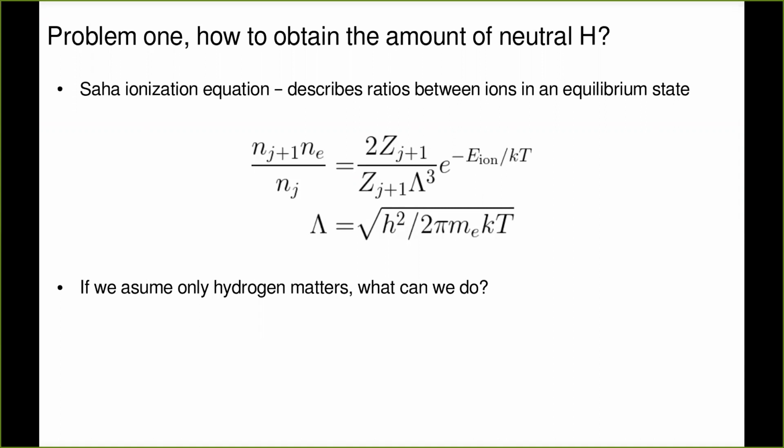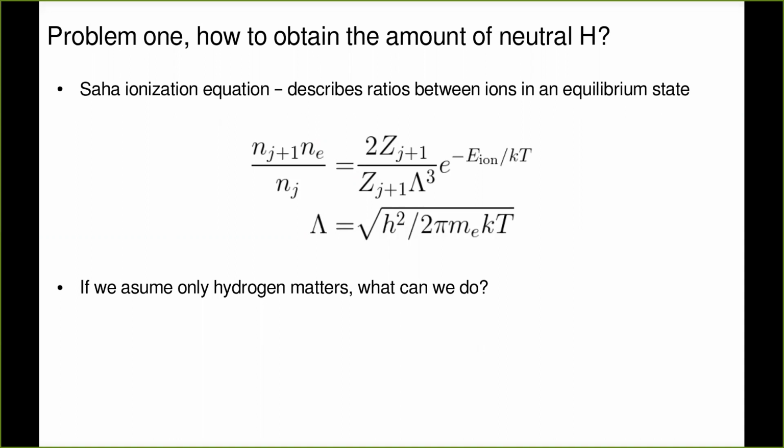So this is the number density of the atoms in ionization stage J plus 1, which I get when I ionize stage J. This is the number density of the particles in the ionization stage J. This is the number density of electrons. And it makes sense that the number density of electrons enters this equation, because the more electrons I have, the easier it is to recombine things, right?